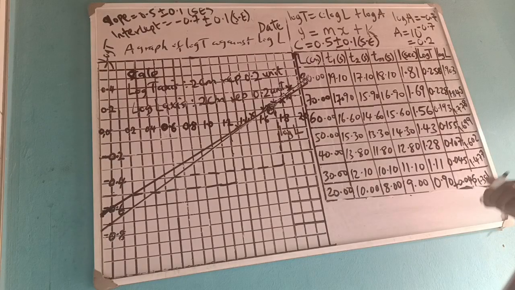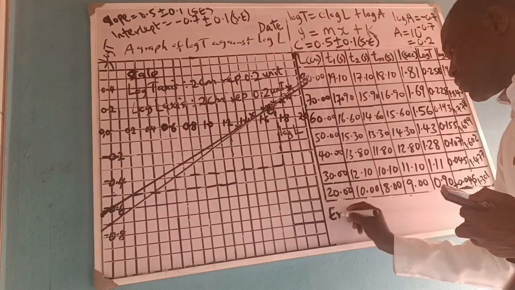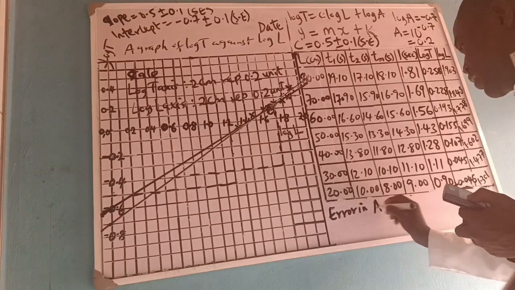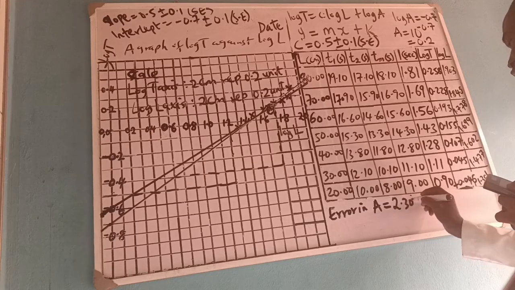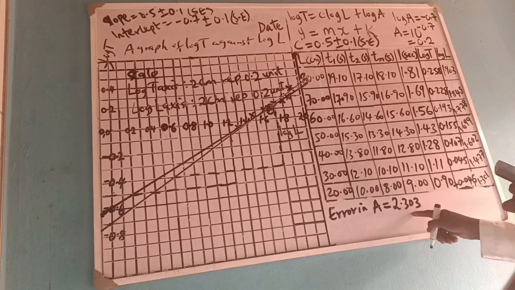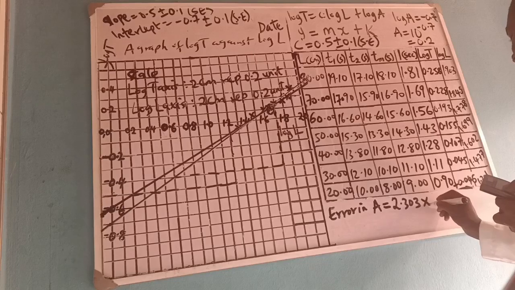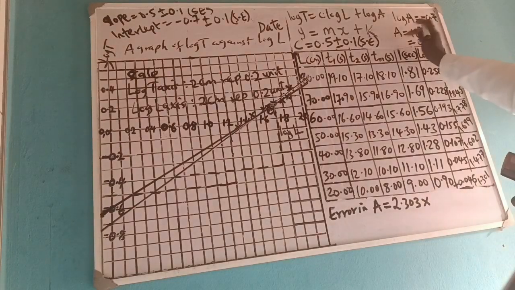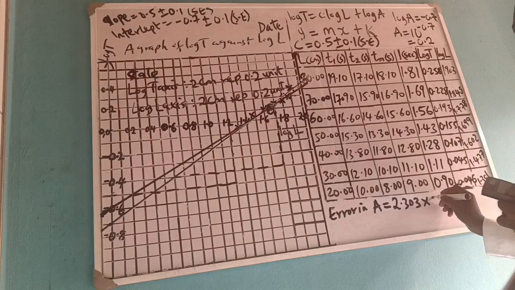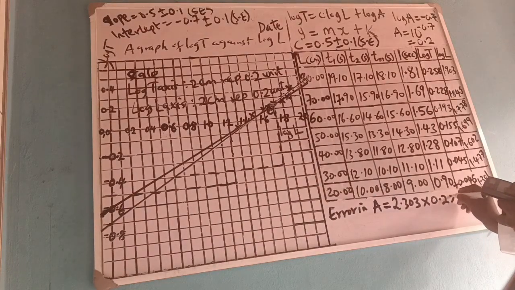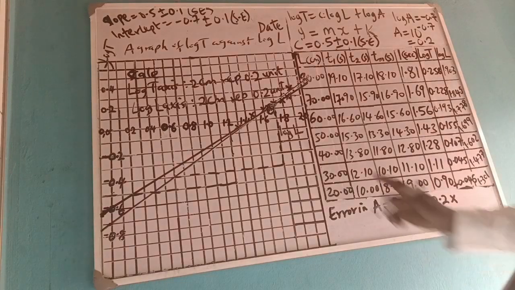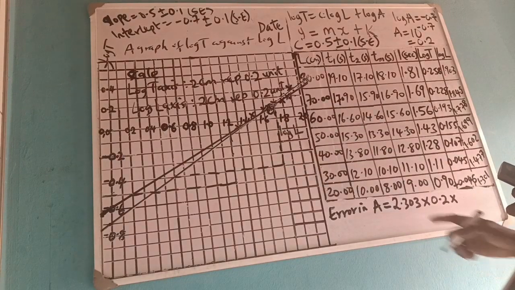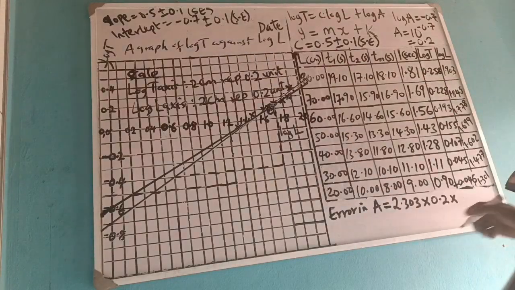Now, our error in A is equal to, you write, 2.303, please this value is constant, times the value of your A, which is 0.2, times the value of your error in intercept, which is 0.1.